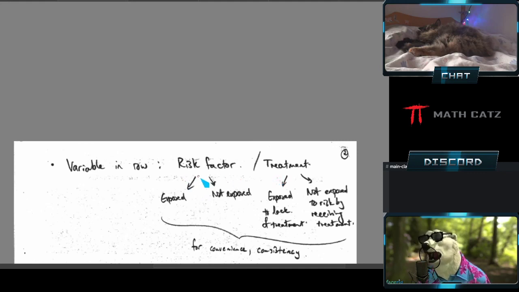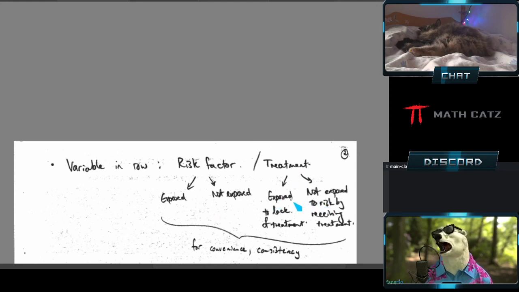So when I think of risk factor, I like to think of a specific example rather than just in general trying to memorize these things. If I think about smoking, the person could be exposed to smoking by smoking or not exposed. Those are the values for this variable. Or if I think about a treatment, I can also think about it in terms of exposed or not.